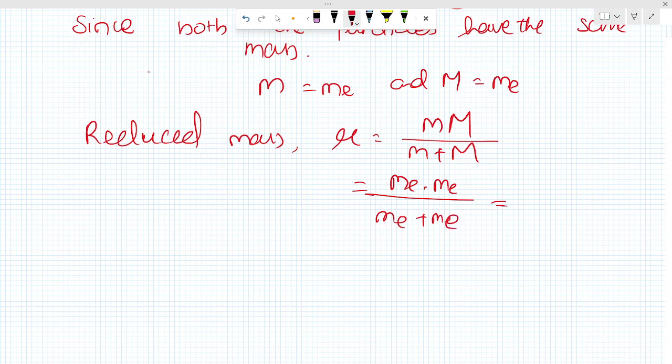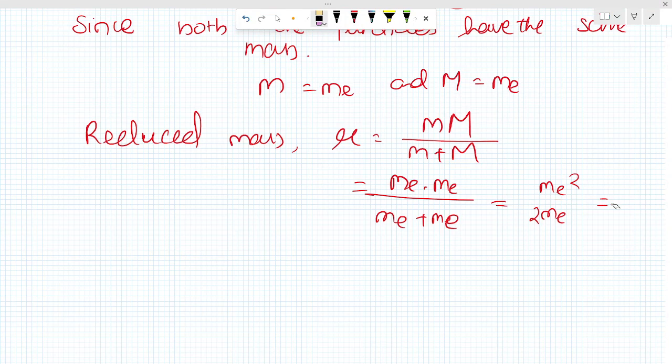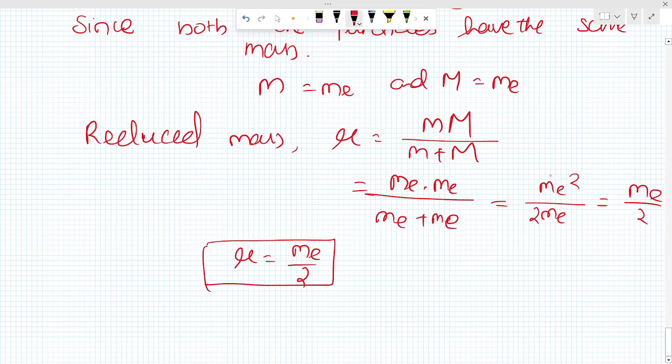So it will become m_e square upon 2 m_e, and it will become m_e upon 2. So your reduced mass will become m_e upon 2 in the case of the positronium atom. This is the thing I wanted to derive for you.